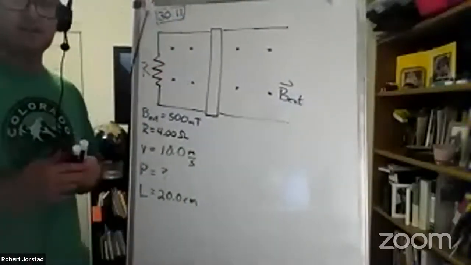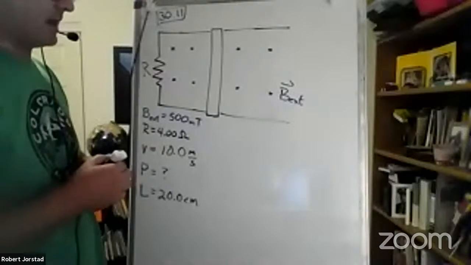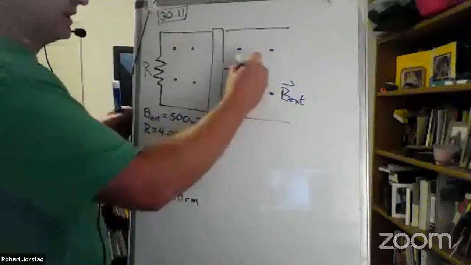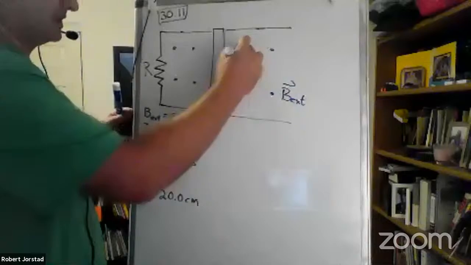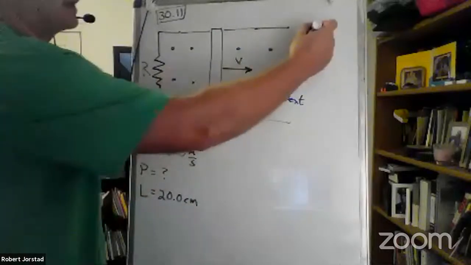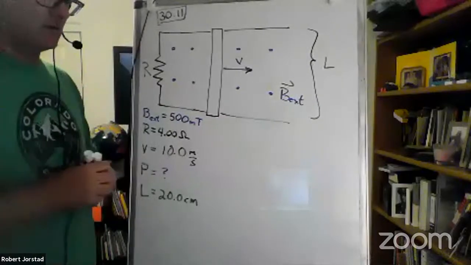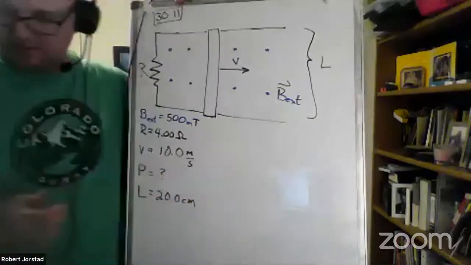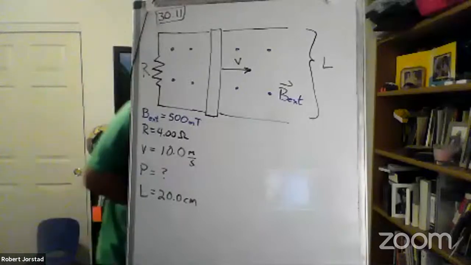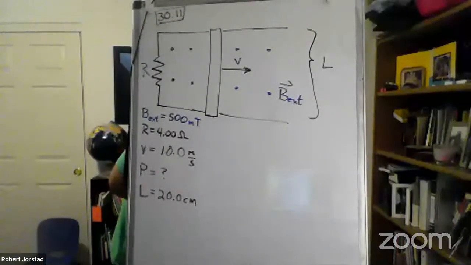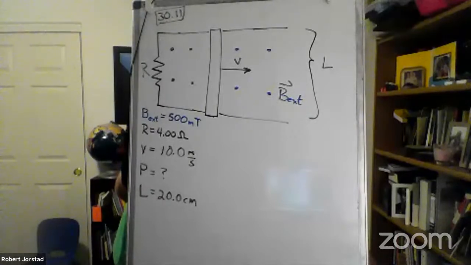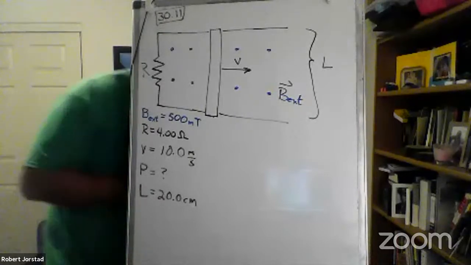All right. So in this case, let's think about what happens. We're pulling this thing this way with this speed V, and it has length L. And what are we supposed to figure out here? Determine the motional EMF.